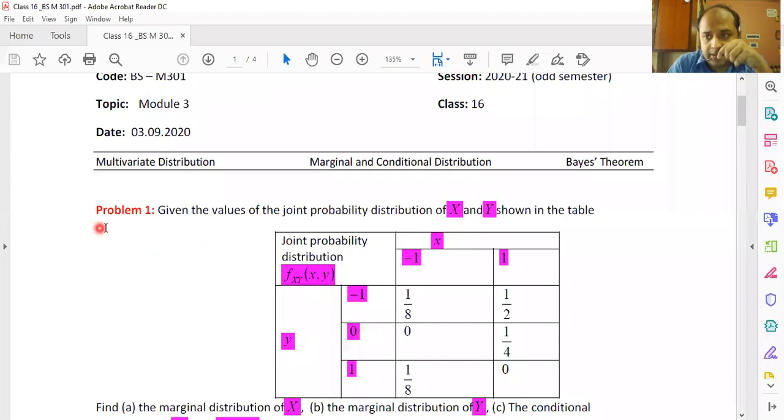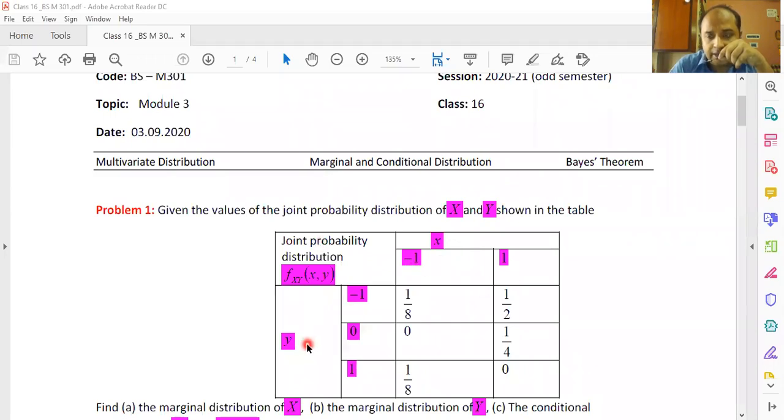My first problem, problem 1, shows a joint probability distribution for a pair of discrete random variables X and Y. 1/8, 1/2, 0, 1/4, 1/8, 0 are all joint probabilities. The domain of the random variable X has two values only, -1 and +1.